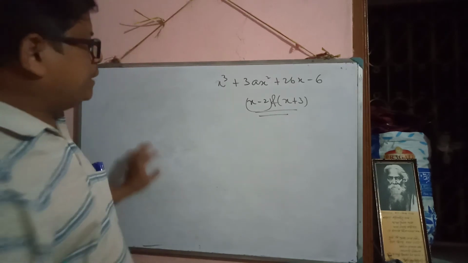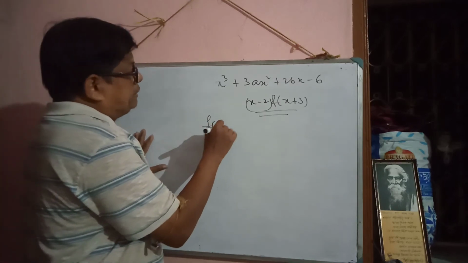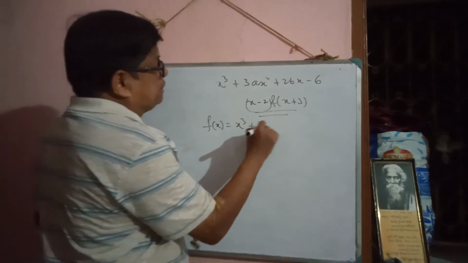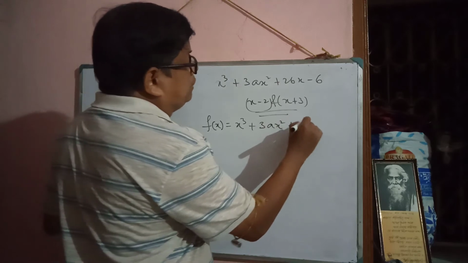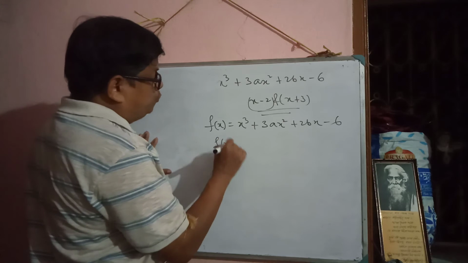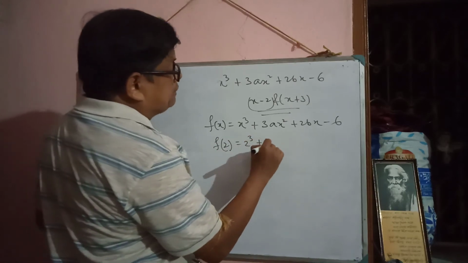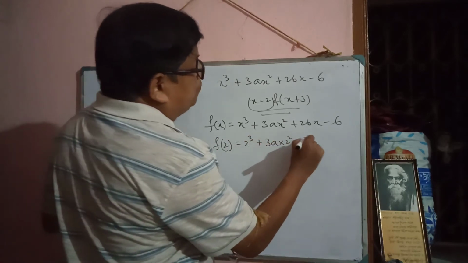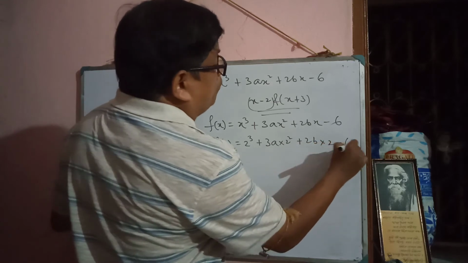Similar process. First, suppose f of x equal to x cube plus 3ax square plus 2bx minus 6. Put x equal to 2. f of 2 is 2 cube plus 3a into 2 square plus 2b into 2 minus 6.